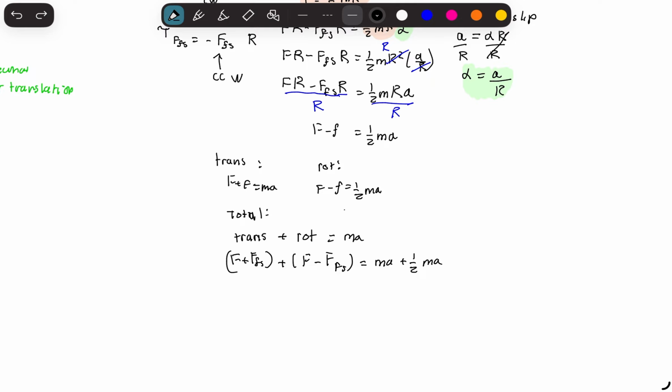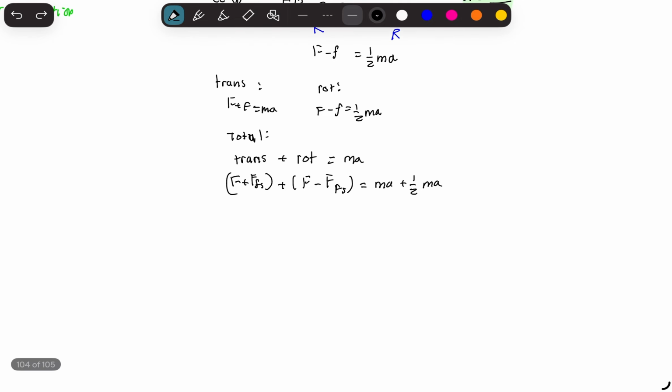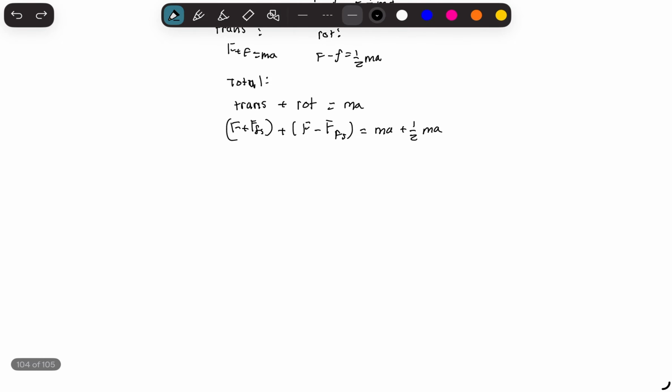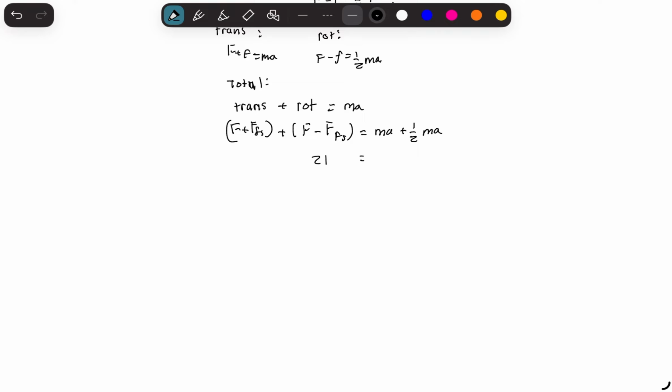Here we know that from the translational equation you have ma, and that F minus Fs is equal to 1/2 ma. Just leave that there. So you have 2F is equal to 3 over 2 ma, so you can multiply both sides by 2.